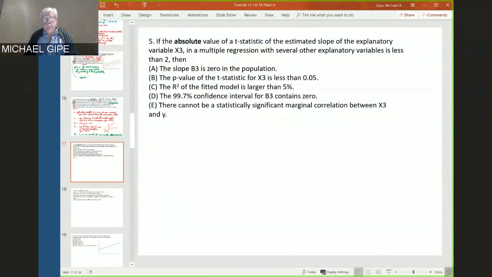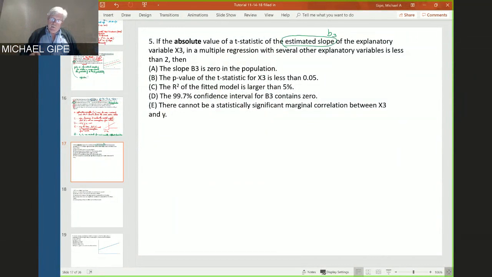If the t-statistic of the estimated slope B3 for variable x3 in a multiple regression with several other explanatory variables is less than 2, then what? So we're looking at the estimated slope. Where do these t-statistics come into play here?